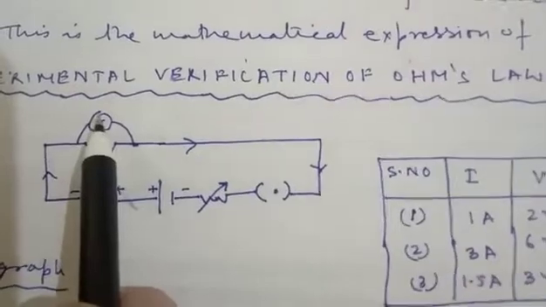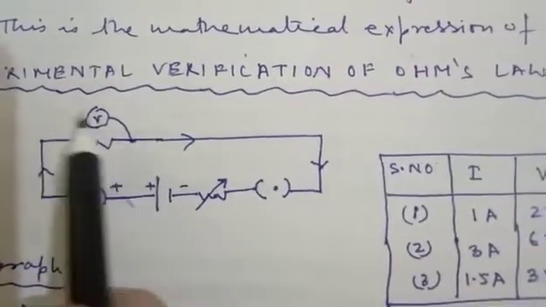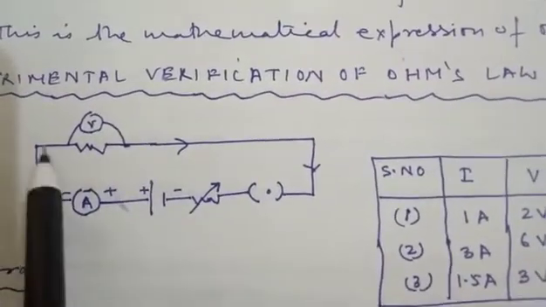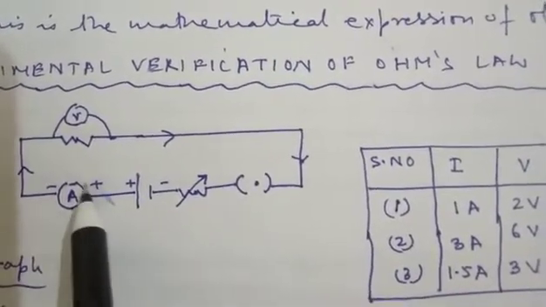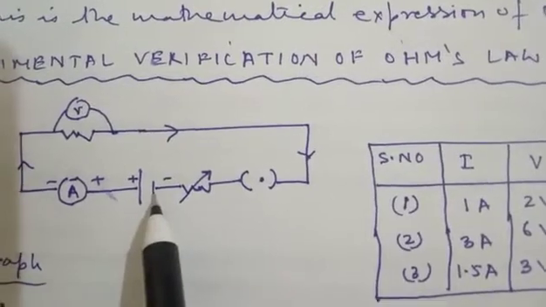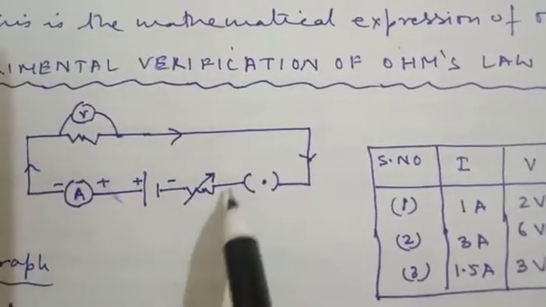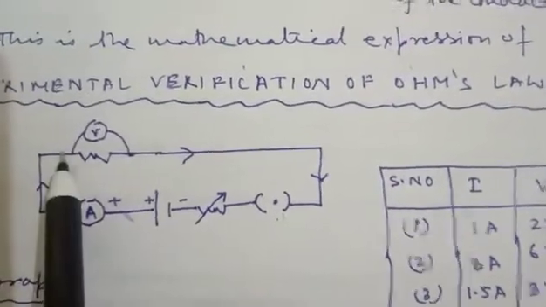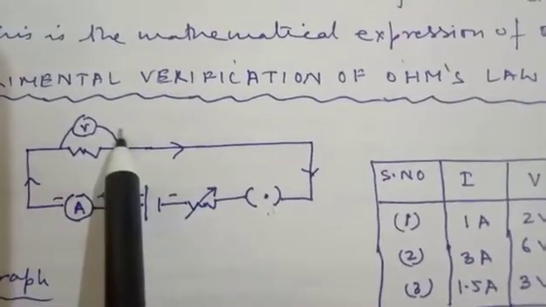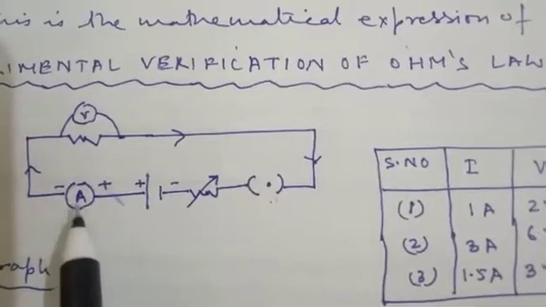This is a voltmeter connected in parallel. These are the connecting wires, ammeter, cell, variable resistance, and a key. The voltmeter is connected in parallel and the ammeter in series.